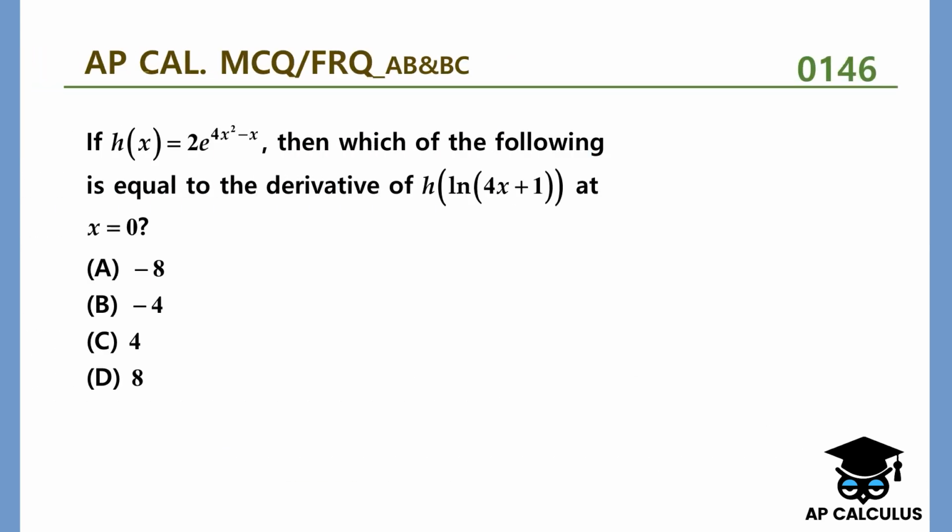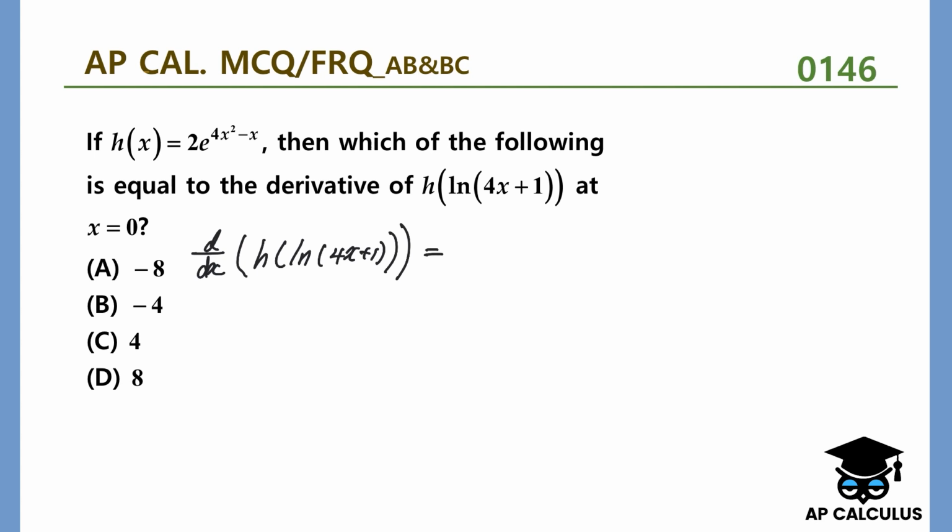Question 146. If h is defined as this, then which of the following is equal to the derivative of this function at x equals 0? Okay, so let's differentiate this function and substitute 0 for x. So we're going to differentiate h of natural log of (4x plus 1).